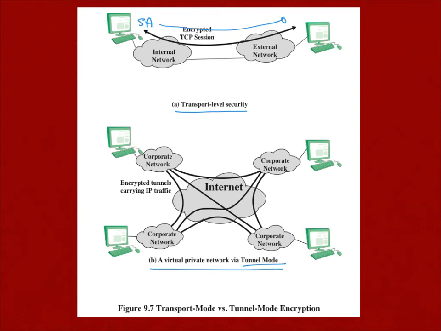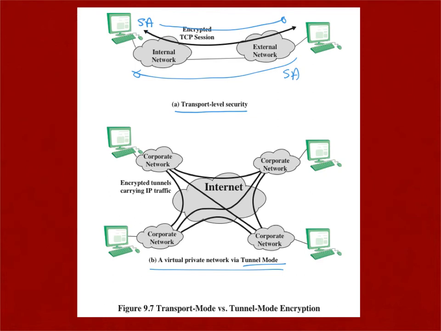So if you want this host to communicate back, you have to have another security association. This requires one security association in that direction and another in the other direction. This is host to host, and this is transport mode.